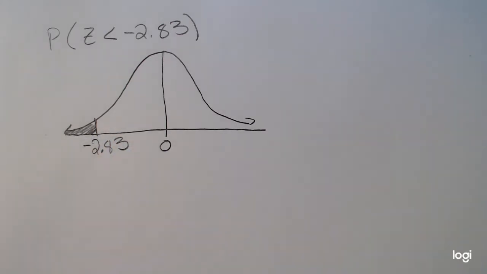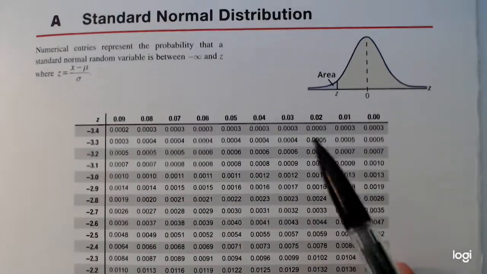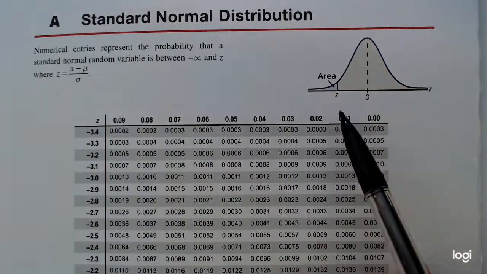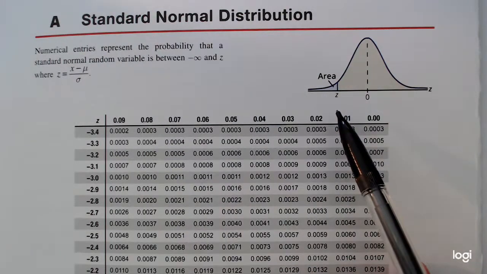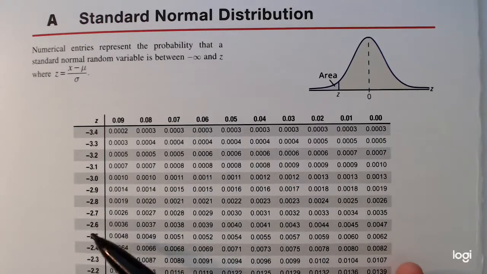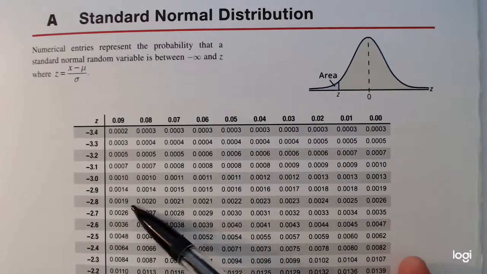So looking at my standard normal table, if I can get to the right page. I want to look at the first page and note that z is negative, and the z-score that I'm finding is negative 2.83. So I want to read down this first column to negative 2.8 and over to 0.03.